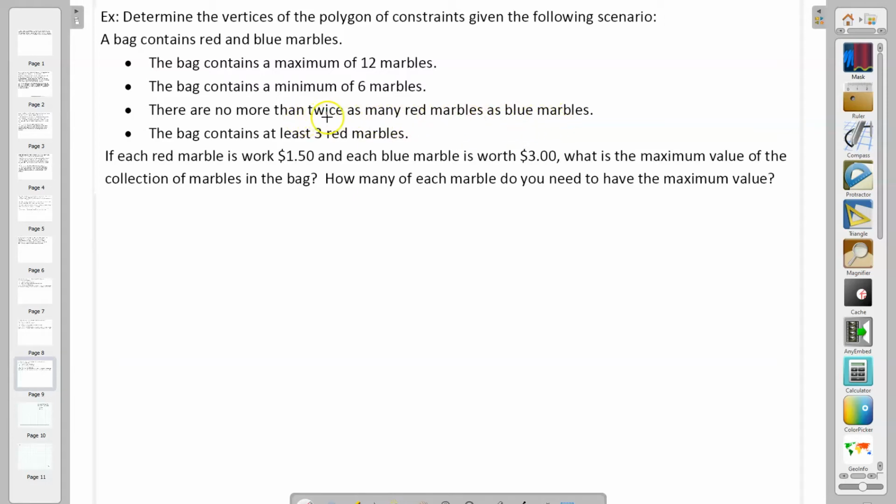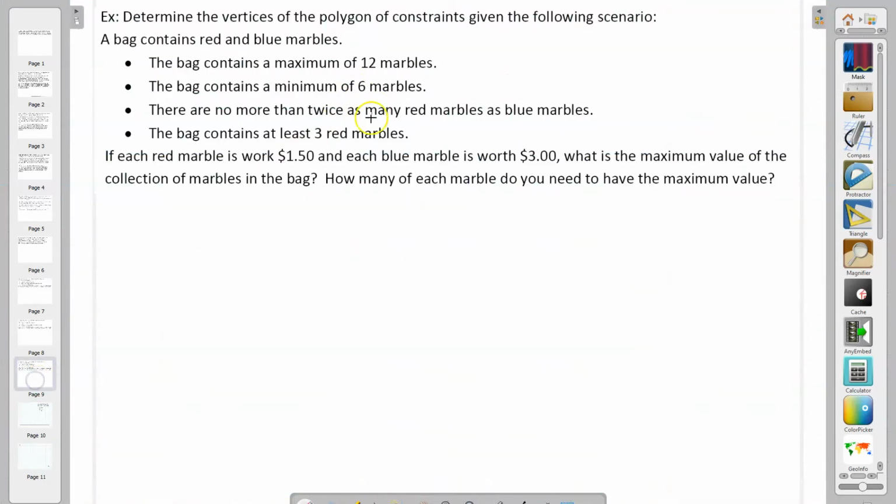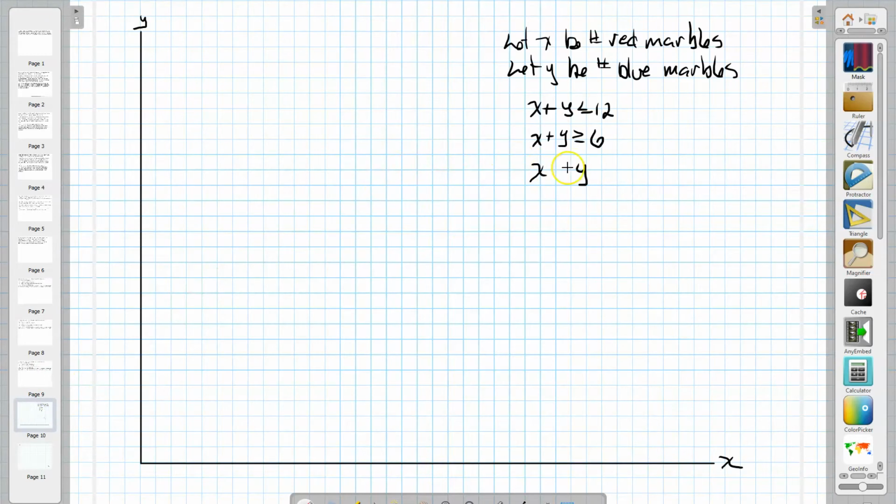In this case, it says we have twice as many red marbles as blue. So our approach to coming up with the constraints is to put our x and y and then figure out which one is largest and put the modifier onto the other one. Here we said that the red was the larger, so we're going to put the multiplier 2 onto the y value.